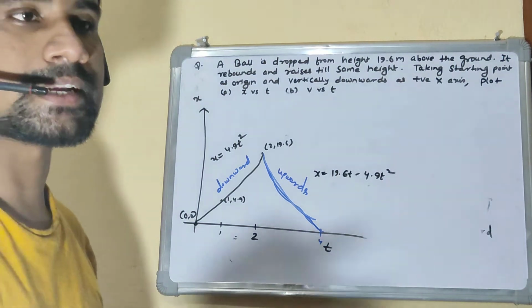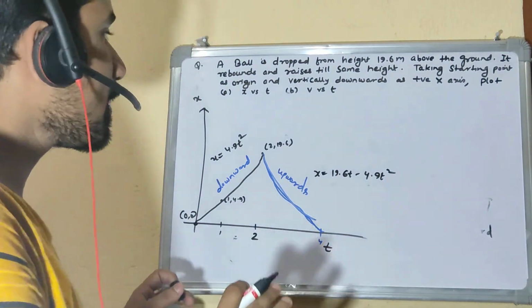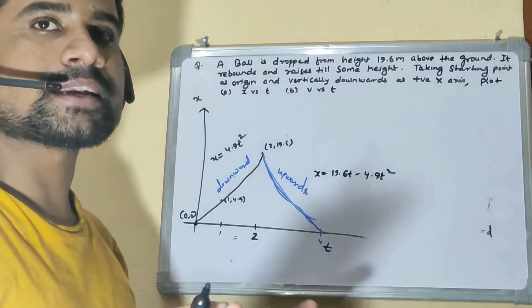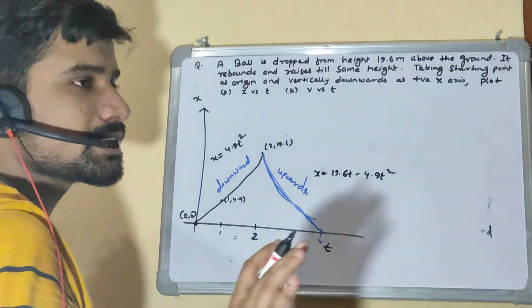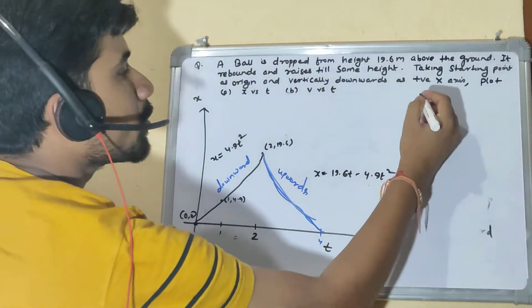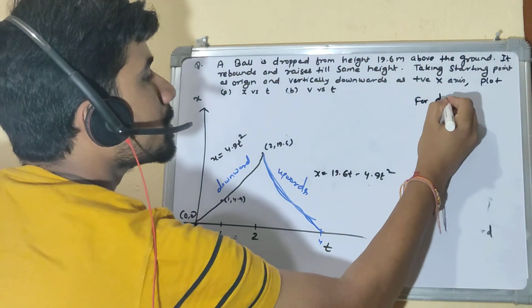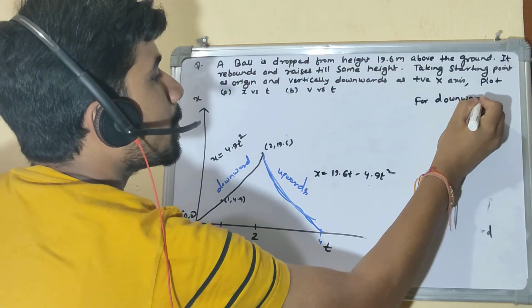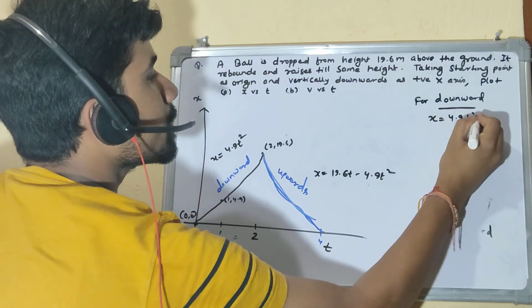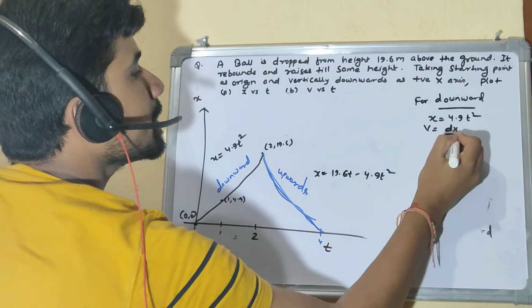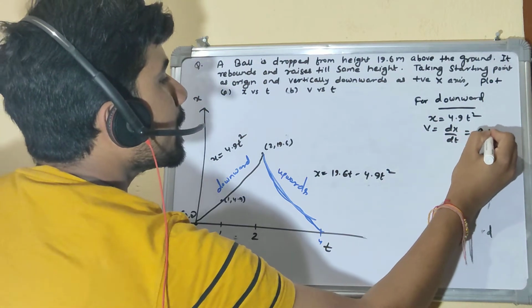What about velocity and time? We can calculate velocity and time as well, but for simplicity I'll just differentiate and plot velocity. For downward motion, x is 4.9 t square, so velocity is dx by dt, which becomes 9.8 t.